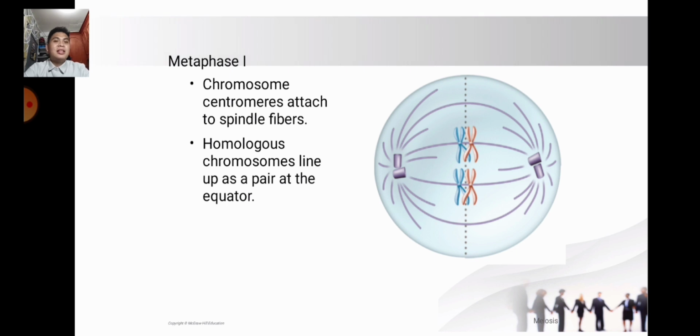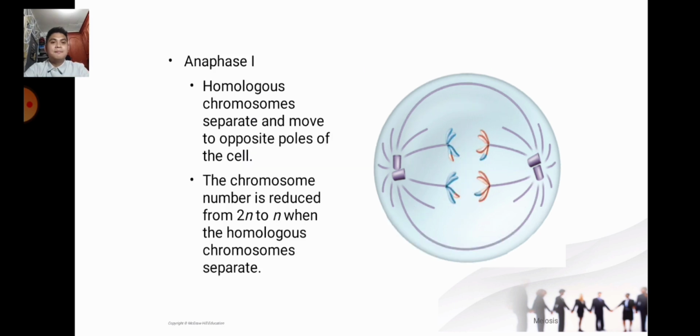In metaphase 1, chromosome centromeres attach to spindle fibers. Homologous chromosomes line up as pairs at the equator. In anaphase 1, homologous chromosomes separate and move to opposite poles of the cell.